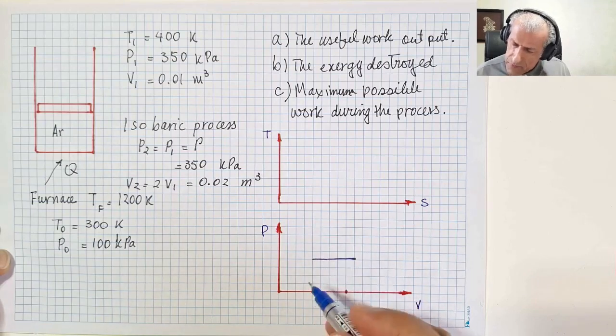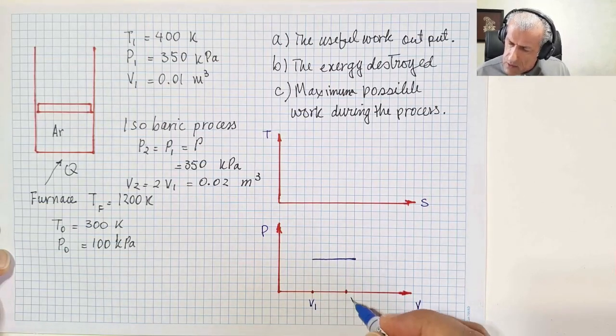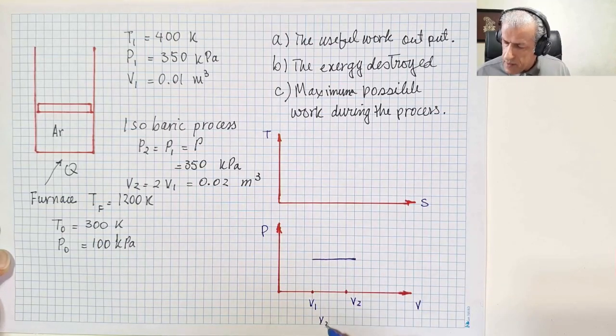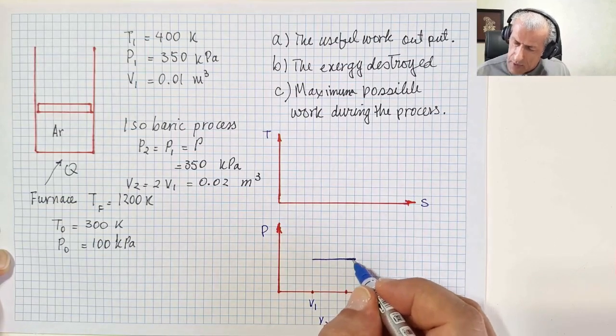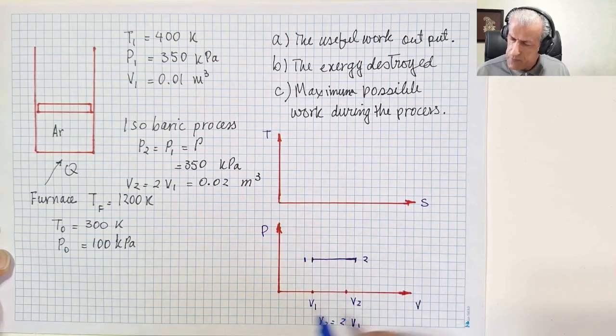This is V1, and this is V2, and V2 equals twice V1. This is our process. This is point 1, and this is point 2.